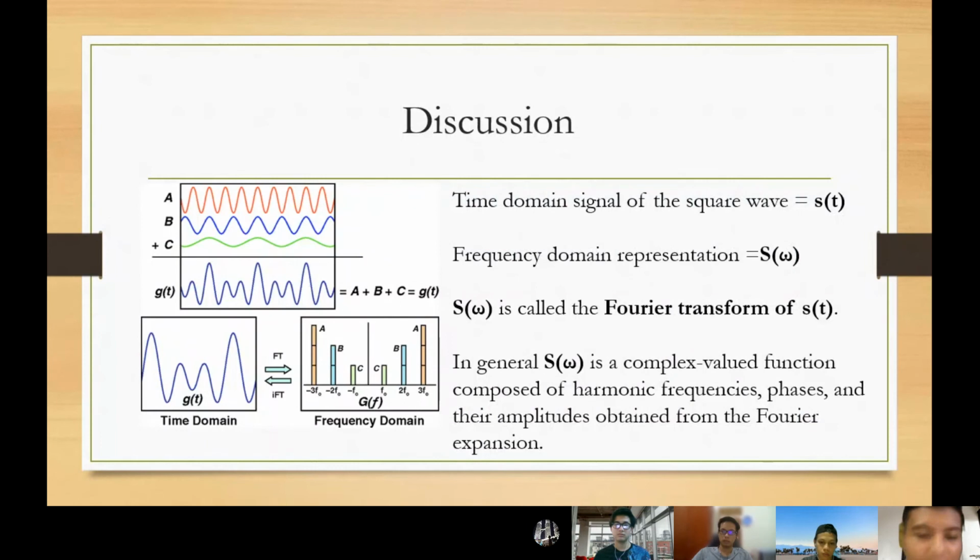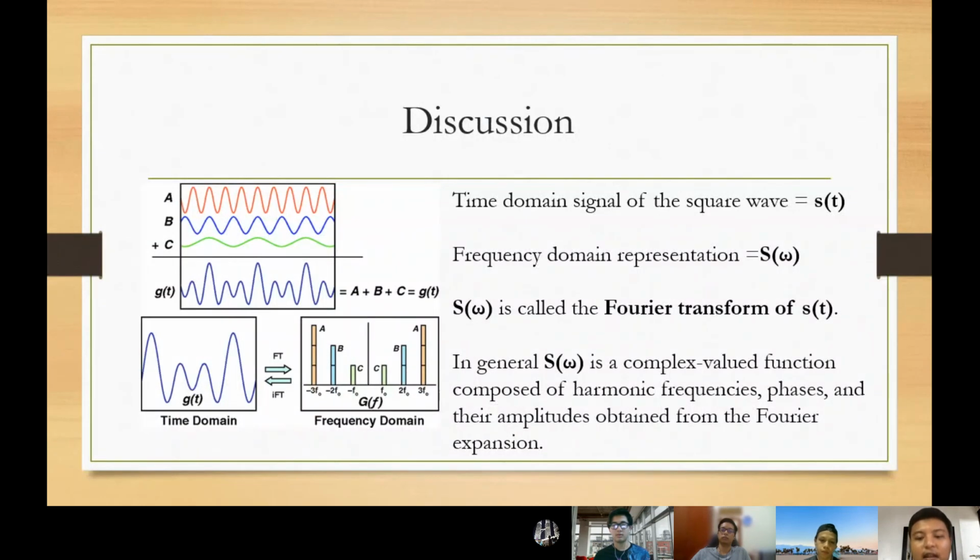From the research that we have gone through, we can discuss the time domain signal of the square wave, which is S(t). The frequency domain representation is S(omega). We can see from the figure that S(omega) is called the Fourier transform of S(t).